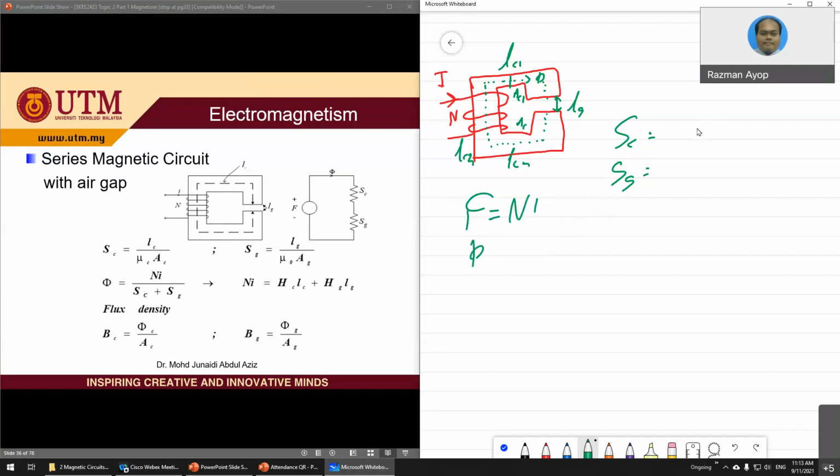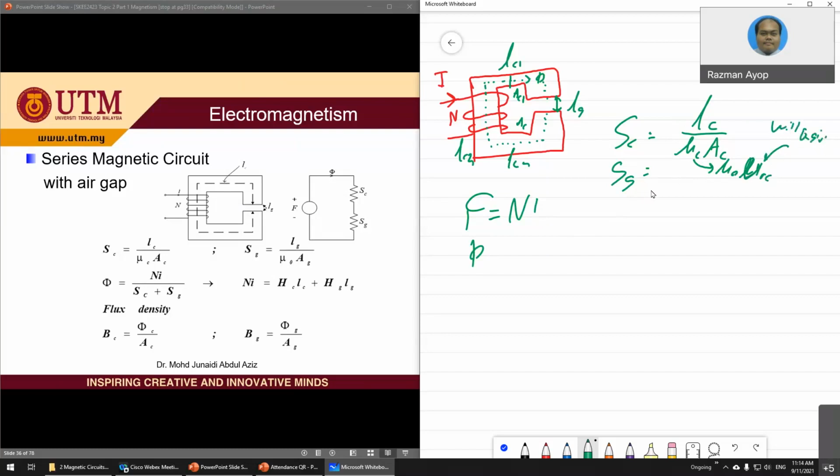And you have the flux, which is like the current. So remember the formula: SC is LC divided by mu C AC, where mu C is mu naught multiplied by mu RC, the relative value. This one usually will be given.